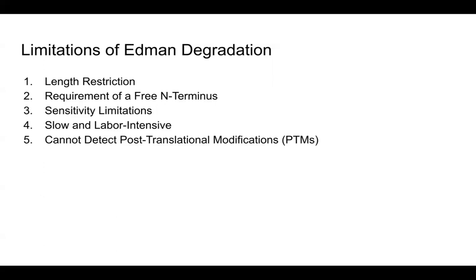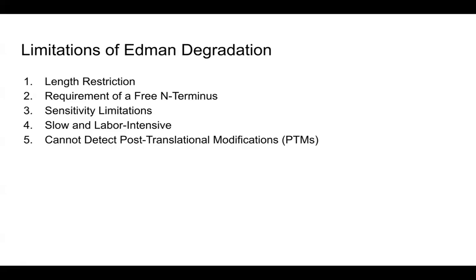So, at each cycle, you have to be actively involved, transferring solutions and so on and so forth. So you can imagine how labor intensive it is and how it requires considerable expertise from those who perform it. So it's definitely a slower and less efficient method compared to automated methods.